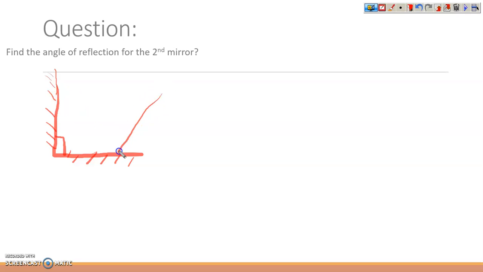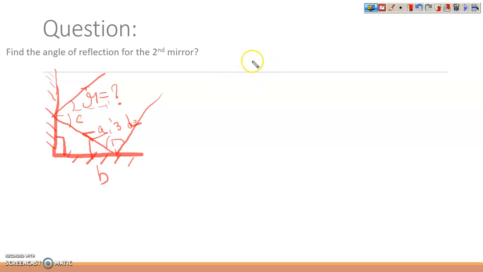Here the incident ray is coming, here the reflected ray, and here's the incident ray again. Let's draw a normal. Always, if you're solving a question, first you have to see what is given. It's 30 degrees. Let's draw a normal here also. We should find this angle of reflection. This is given as C, this is given as A, and this whole is B.